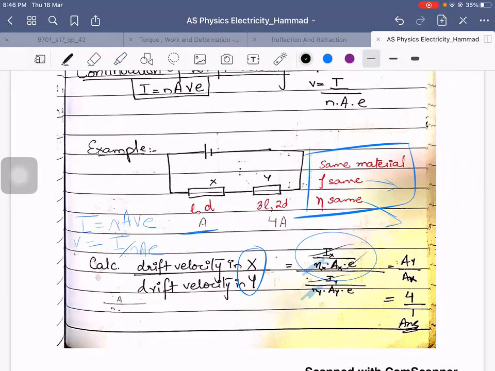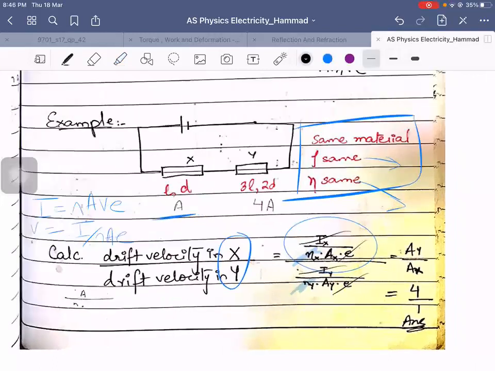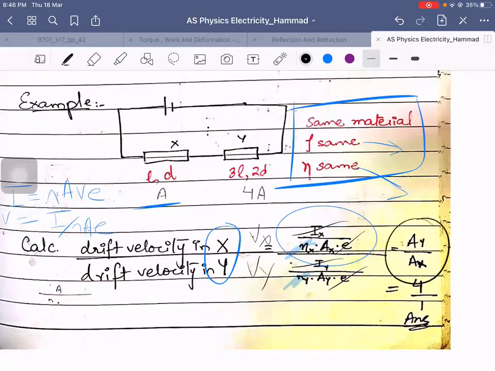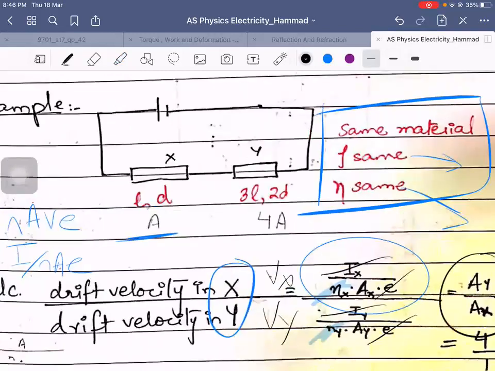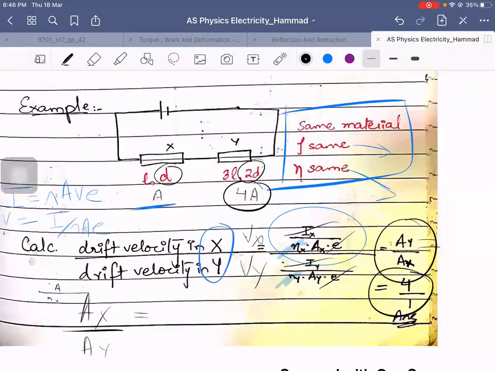So that also cancels off. Charge of the electron is also constant. So again, drift velocity of X upon drift velocity of Y is equal to AY upon AX. Diameter of Y was 2D, square it off, that becomes 4A. Diameter of X was 1D, square it off, it becomes 1A. And when the area ratio for X to Y was 1 upon 4, drift velocity of X to Y would be the inverse of this, which is 4 upon 1.